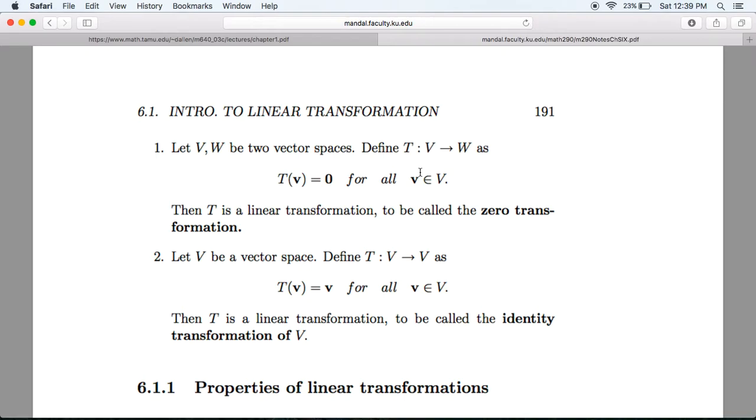This we can check to be a linear transformation. Why? Because if v1 and v2 are two vectors in V, then T of v1 will be 0, T of v2 will be 0. Adding them will give me 0. And v1 plus v2, another vector, whose image under T will again be 0. Similarly for scalar multiplication.